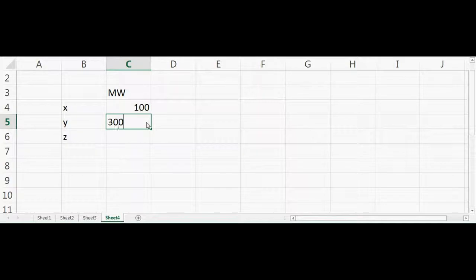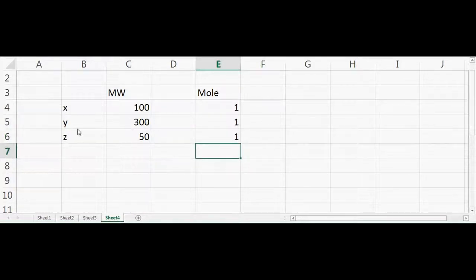So for example, if we have three components x, y and z, and we want to mix them in a molar ratio of 1:1:1, and their molecular weights are given to us, suppose they are 100, 300 and 50, and we have a molar fraction of 1, 1 and 1, and we want to mix them together and create a total of 10 grams.